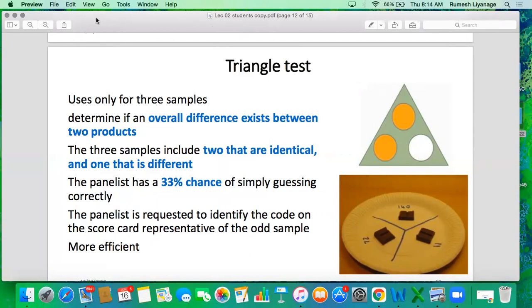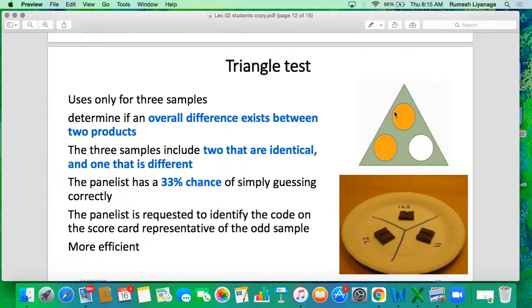Use only 3 samples. The triangle test, according to the name, uses only 3 samples. It determines if an overall difference exists between 2 products. The 3 samples include 2 that are identical and 1 that is different.